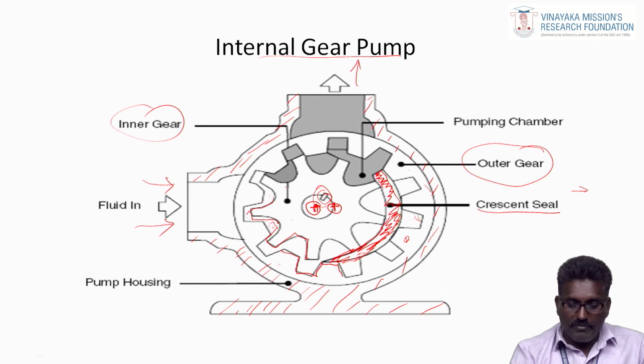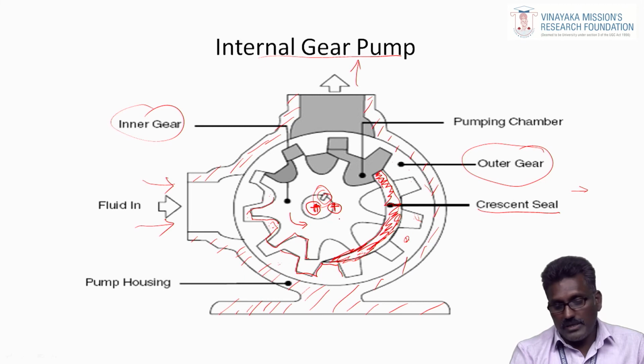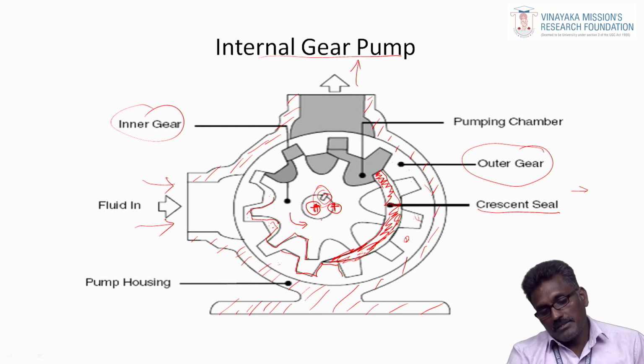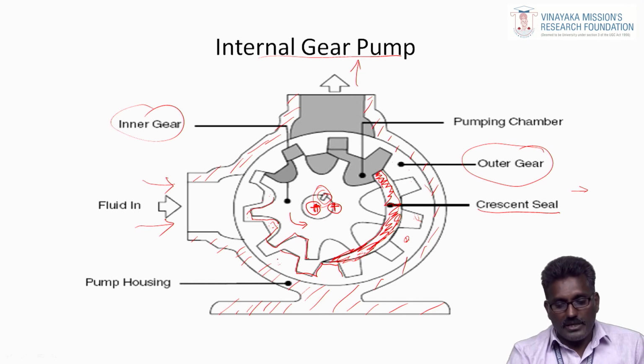Now, you see when it rotates in the anti-clockwise direction, considering the arrangement of this pump, the rotation of the gear is very important. In this diagram the direction of rotation is missed, but when you draw the diagram, the direction of rotation is a must. So the fluid is entering here, you see here the pump teeth are very close.